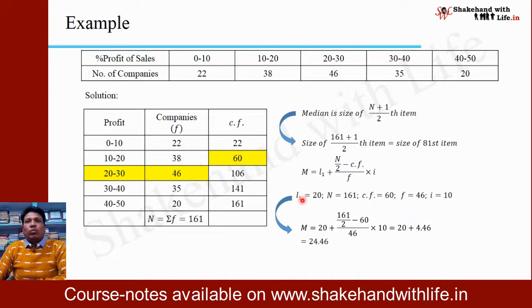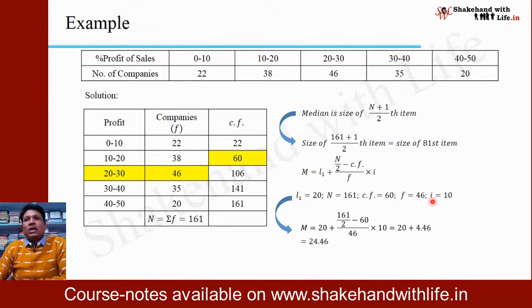Therefore, L1 is the lower limit of the median class, which is 20. N is 161. The cumulative frequency is taken of the preceding class of the median class, so 60 is the cumulative frequency, because 10 to 20 is the preceding class. F is 46, the frequency of the median class.